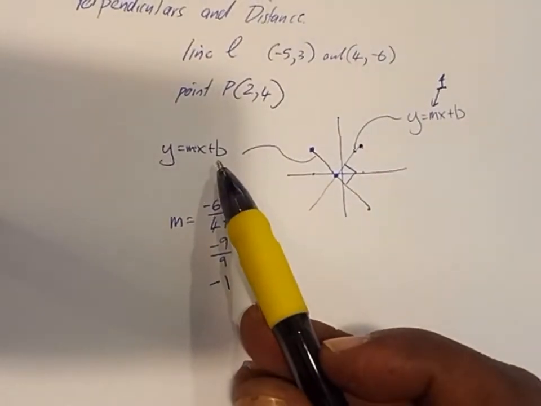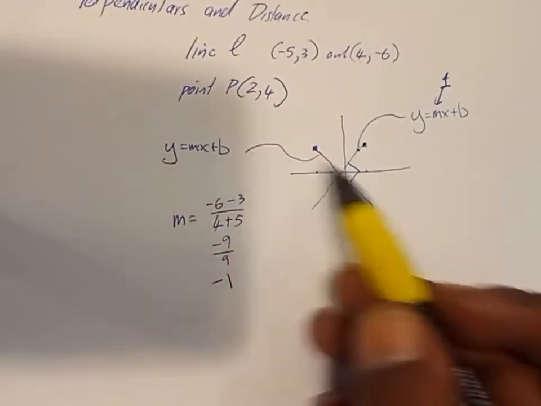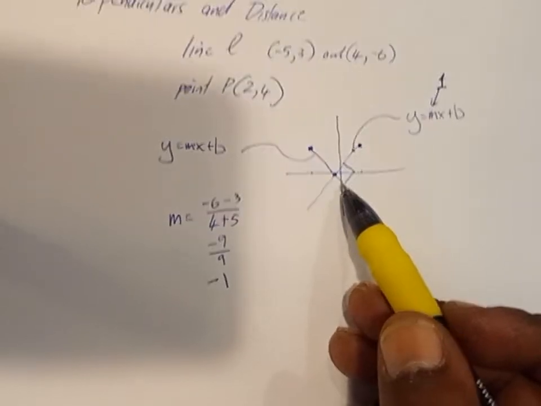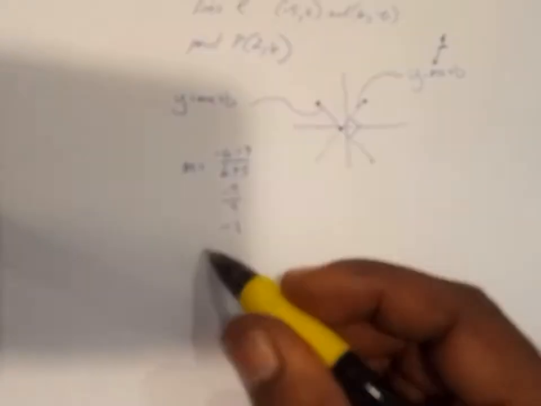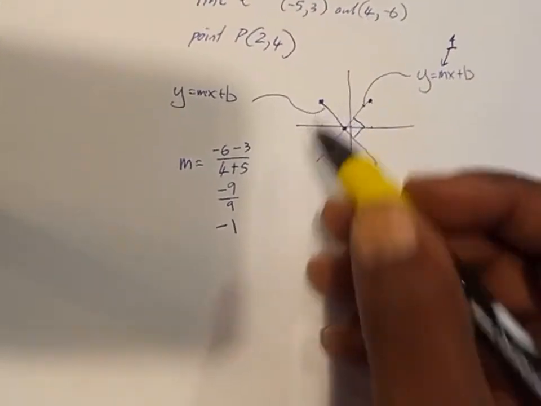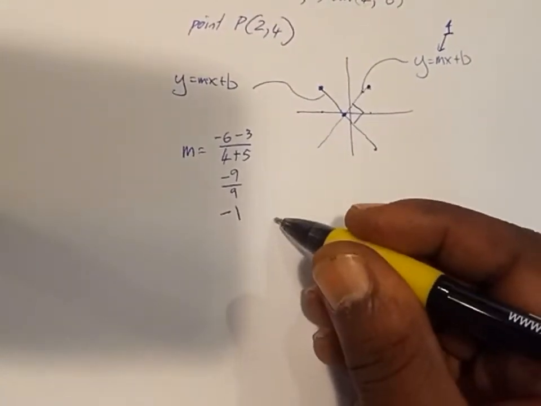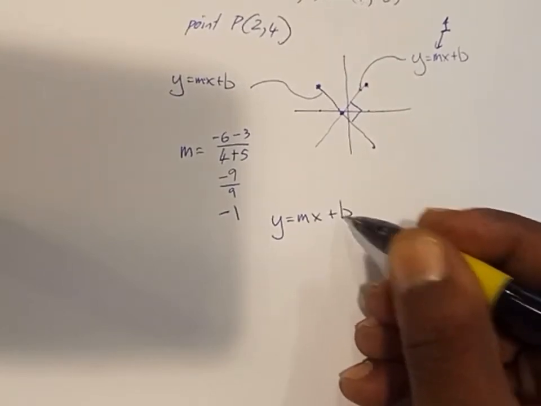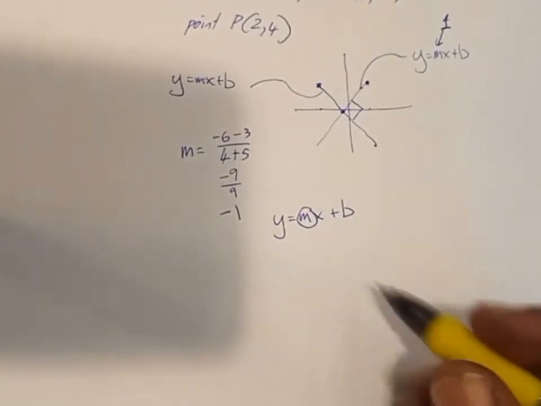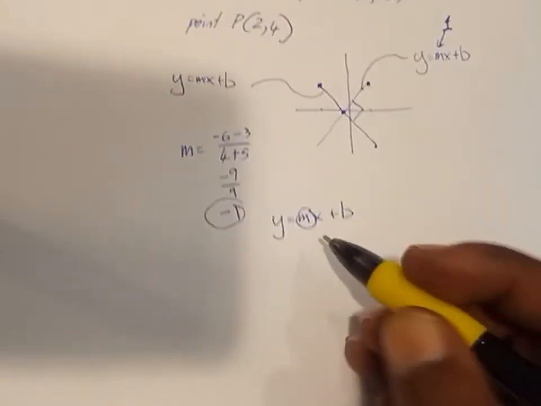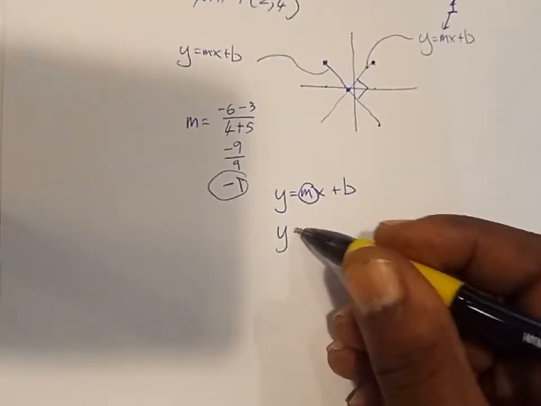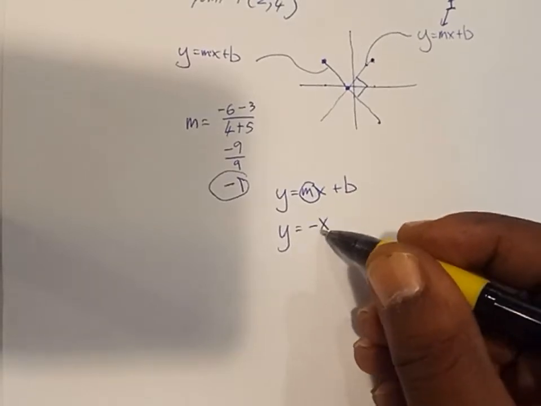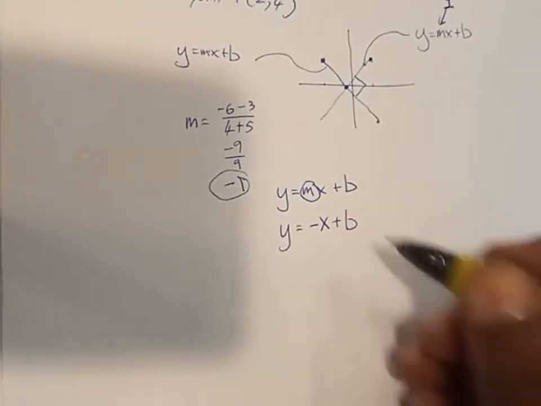Let's continue with this. We have the slope of this. Let us now find the y-intercept. How do I find the y-intercept? Here's what I know. The equation for this first given line L has to be y equals mx plus b. I've just solved for m. It's -1. So y has to be equal to -1 times x. -1 times something is just the negative of the number, so it's -x plus b.